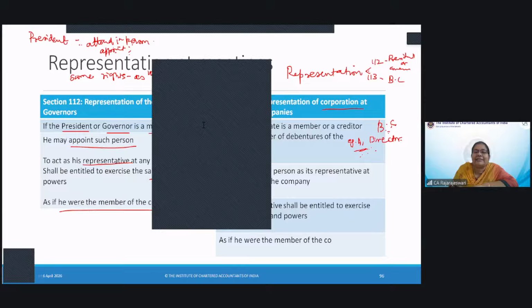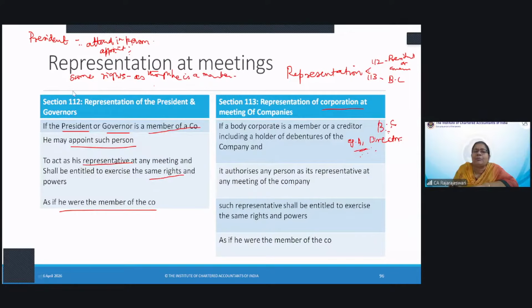He can exercise the same right. Yes, but specifically it has been specified that proxy cannot vote on a show of hands. What they will do, they will exercise the poll option in that case. Then he can exercise his vote. That will be done.